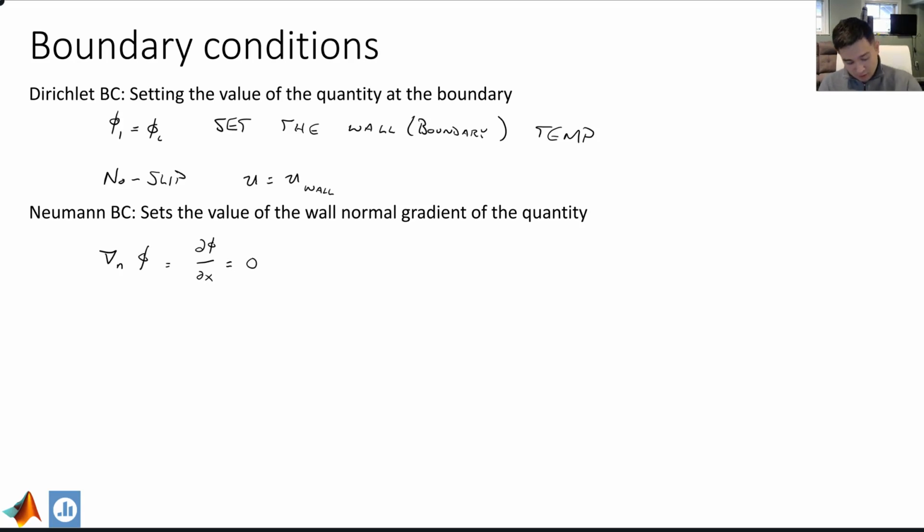If we set it to 0, this corresponds to an insulating boundary condition. If we set it to some function, probably a function of time, this would be imposing a heat flux.